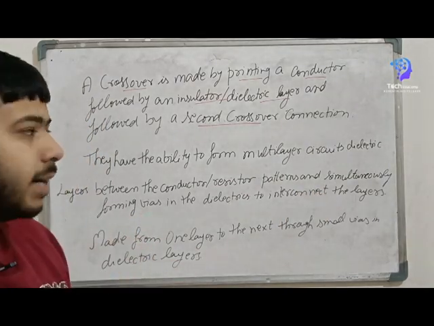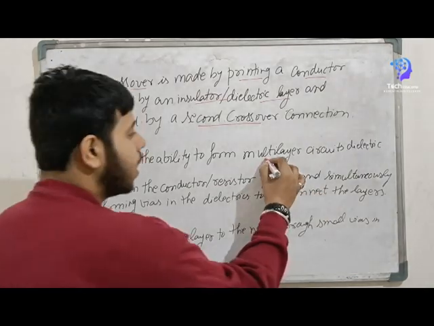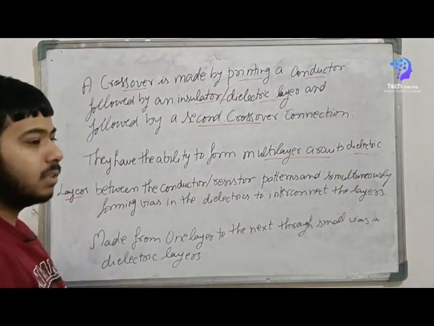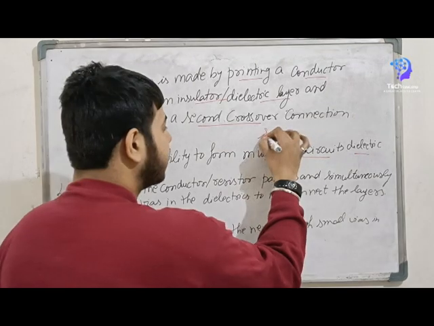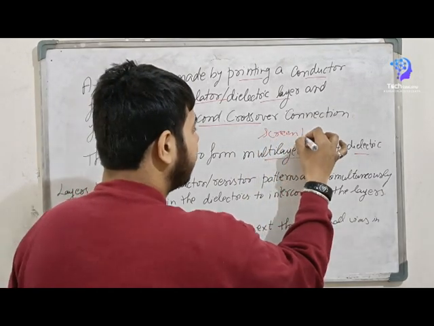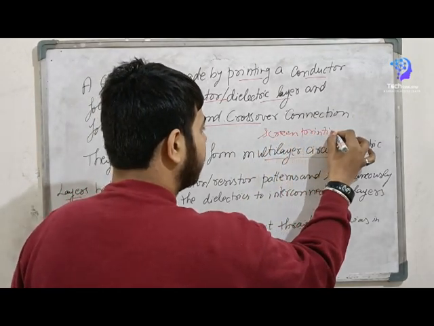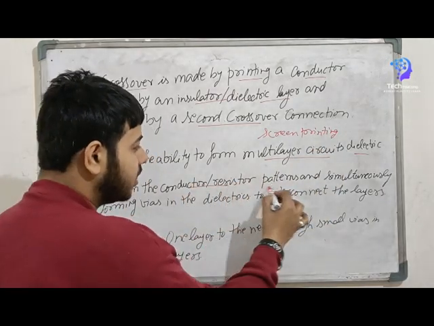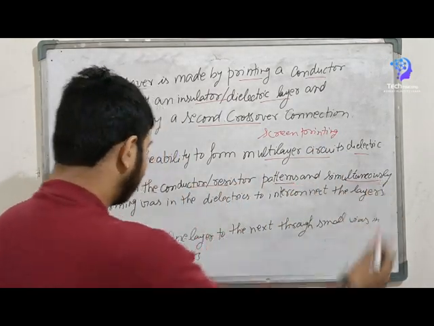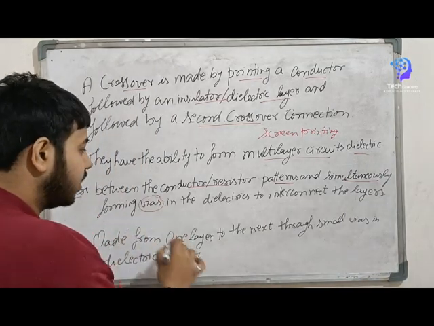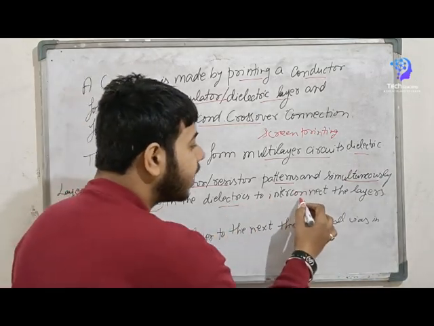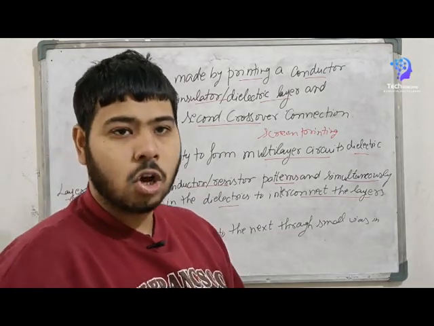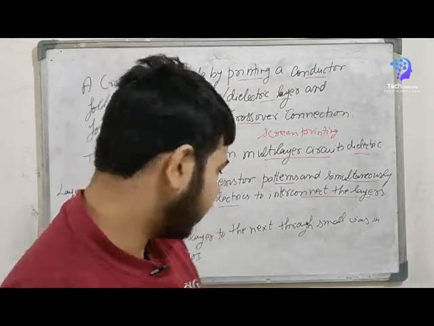Also, these microcircuits have the ability to form multi-layer dielectric layers by using the screen printing technique between the conductors and the resistor pattern, and simultaneously forming vias in the dielectrics to interconnect the layers, which is a distinct advantage of these thick film microcircuits.